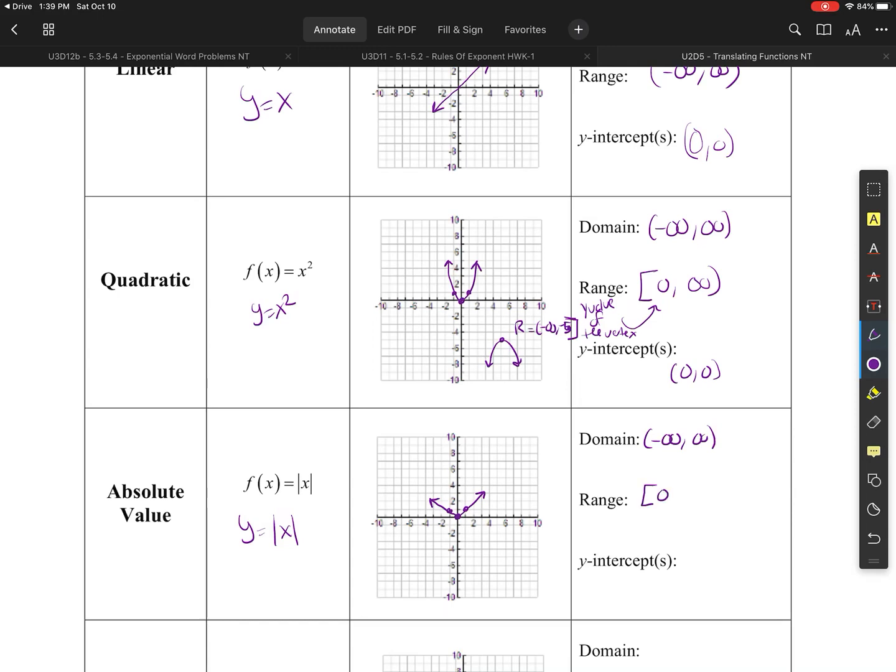So here, 0 to infinity, because we have vertex y value up. Y-intercept (0, 0). And again, if I had something going down that way, my domain is all reals, and my range would be, in this case, negative infinity to negative 5.